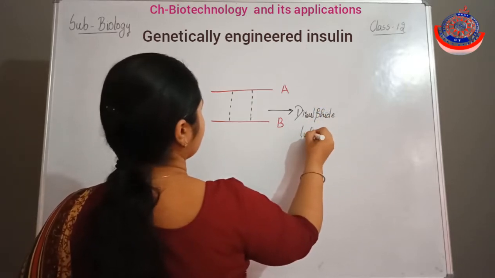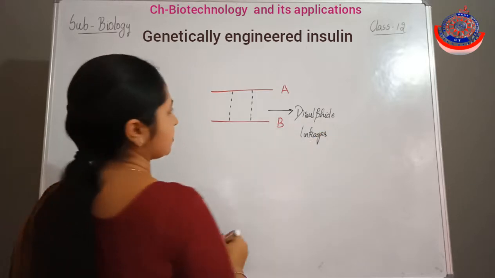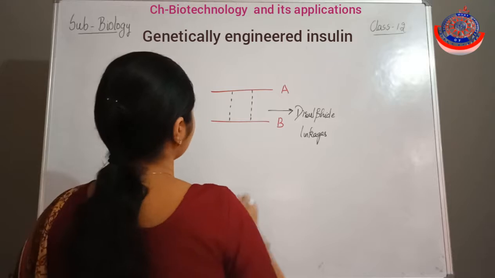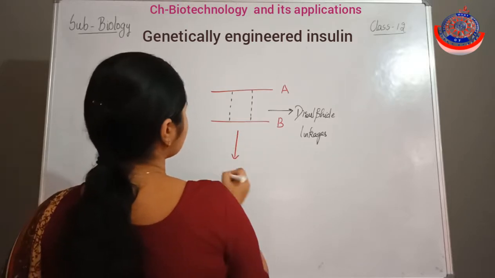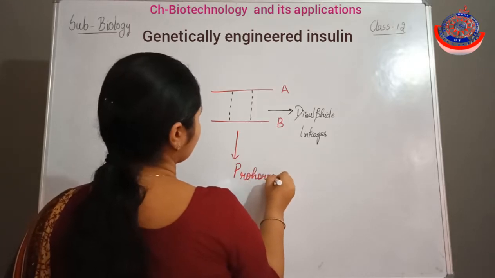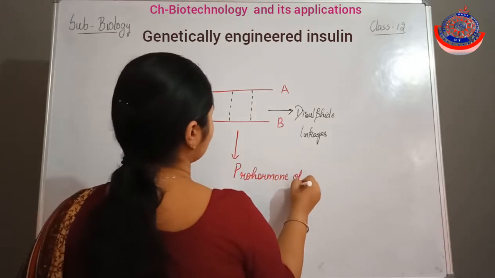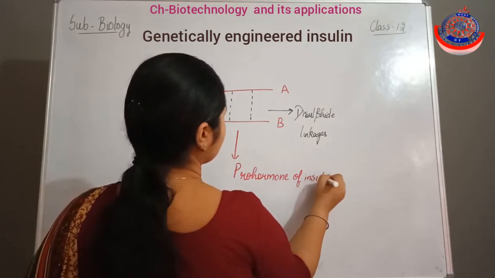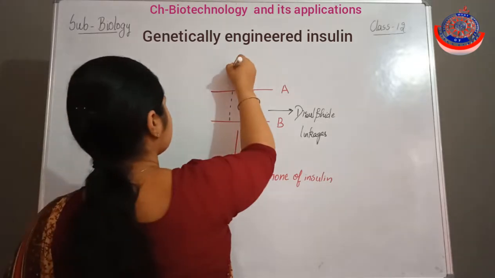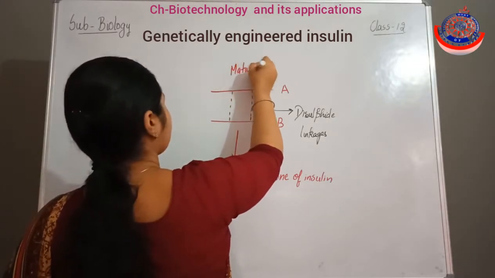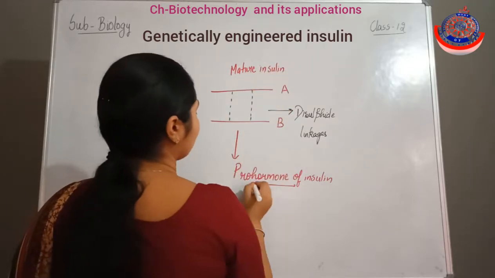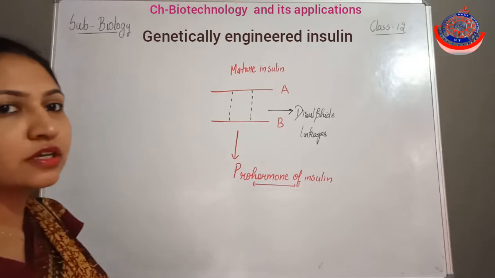But this mature insulin is produced from the prohormone of insulin, which consists of three chains. This one is mature insulin, and the prohormone of insulin consists of three chains.